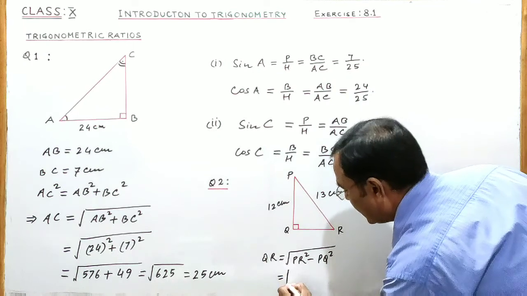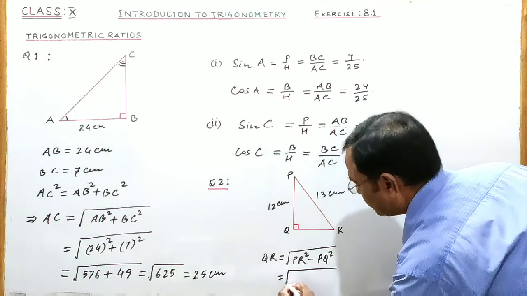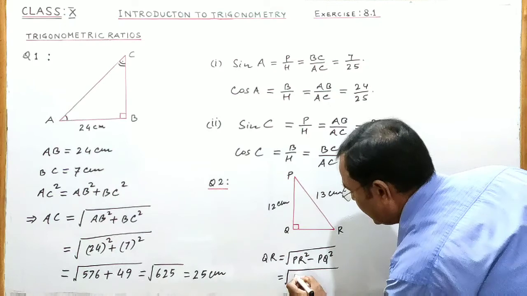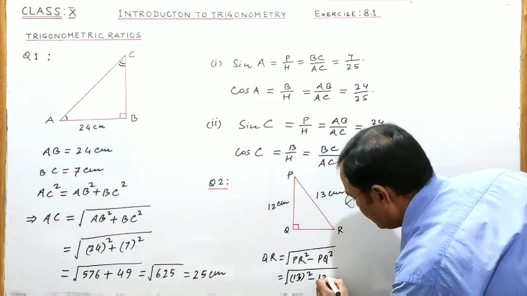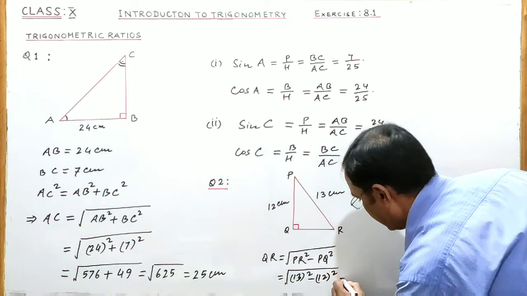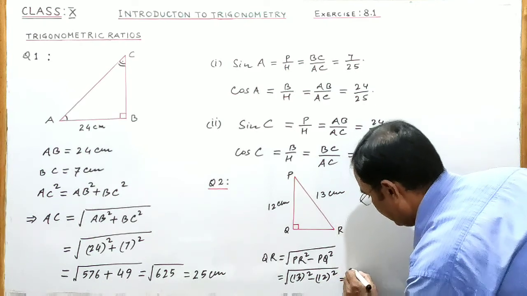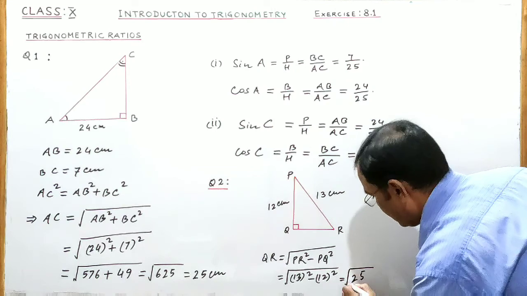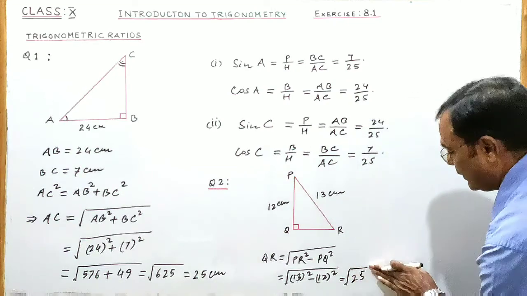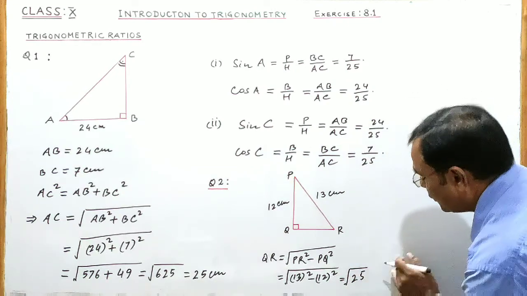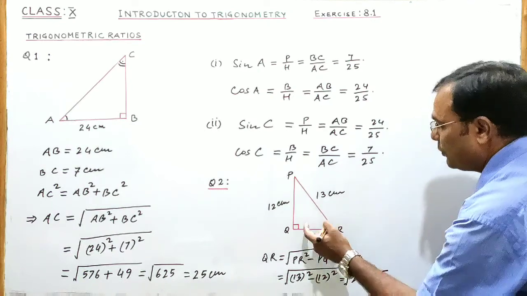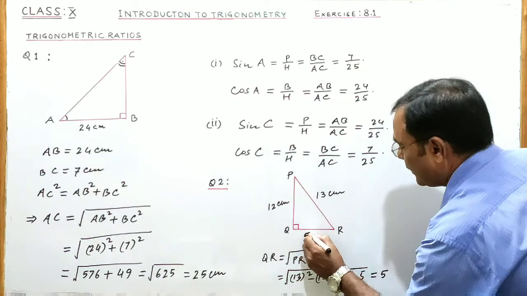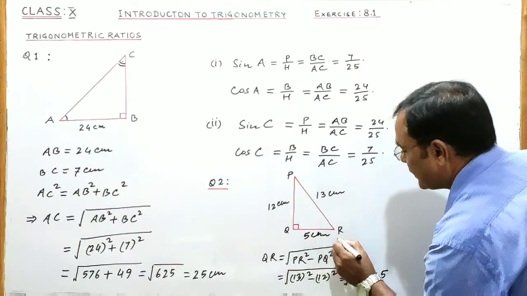This is equal to under root 13 square minus 12 square. This is equal to under root 25. So square root of 25 is 5. So QR is 5 centimeter.